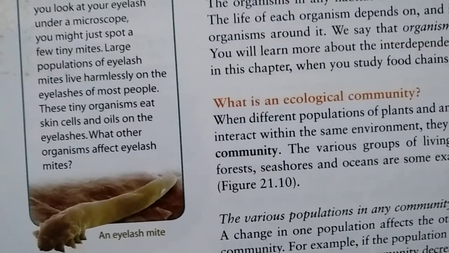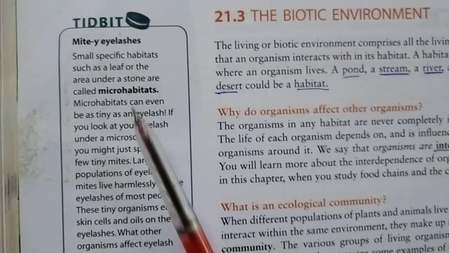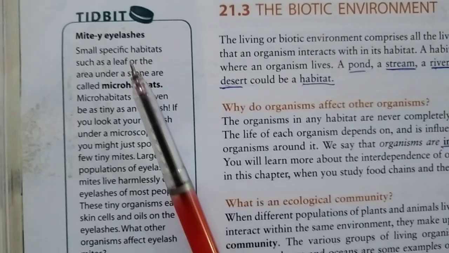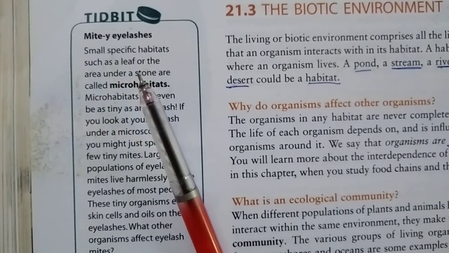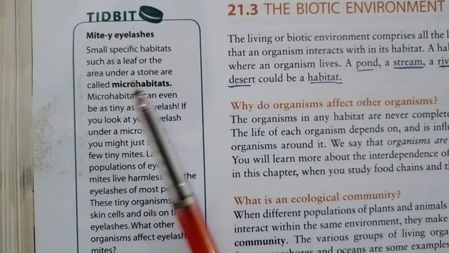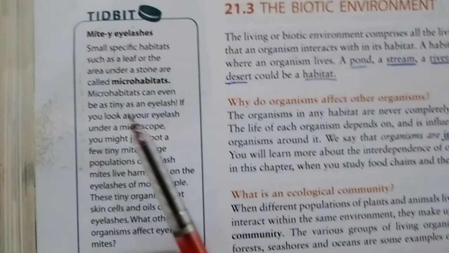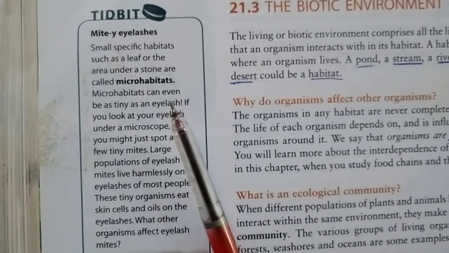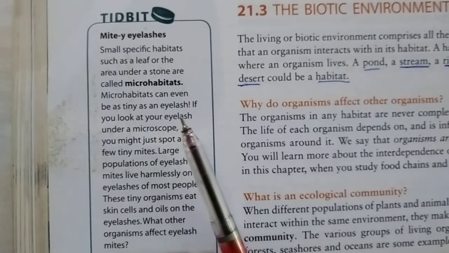A mighty eyelash. Small specific habitats such as a leaf or the area under a stone are called microhabitats. Microhabitats can even be as tiny as an eyelash.